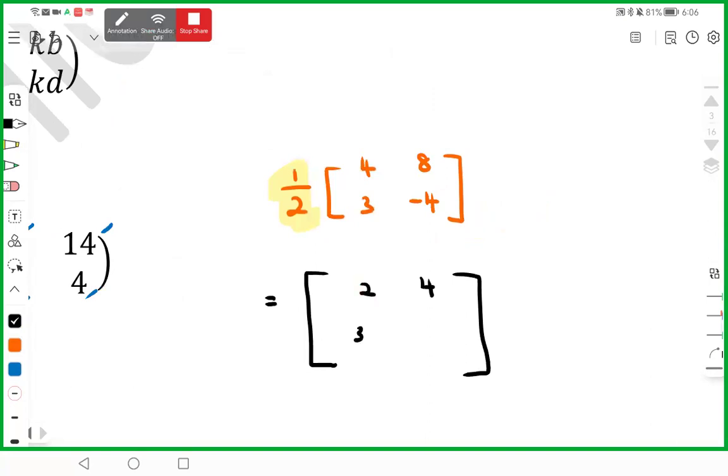This one cannot divide, cannot simplify, so 3 over 2. We can write 3 over 2 at the bottom. So negative 2. Once you times in, you will get a single matrix, only one matrix with all the elements inside.